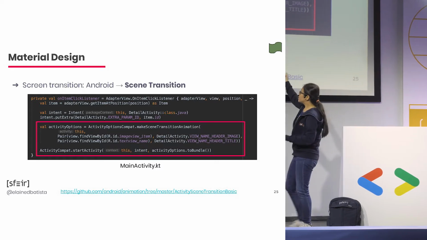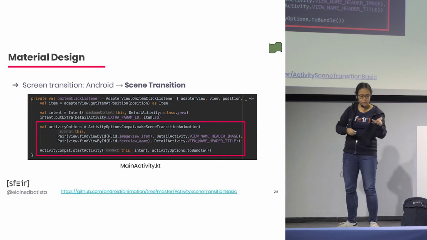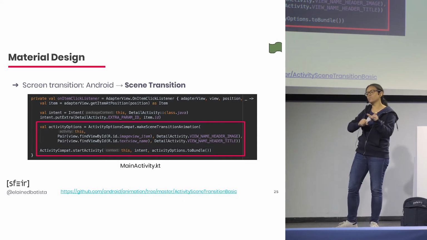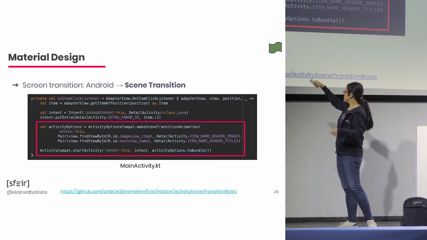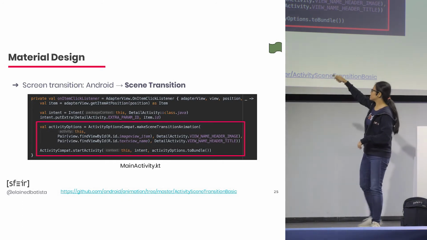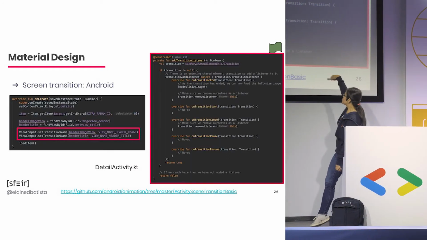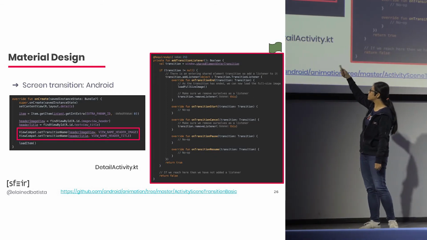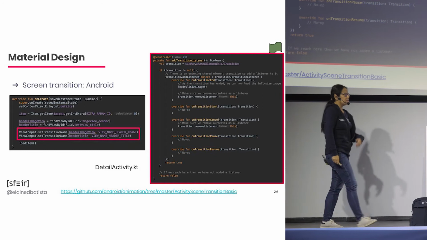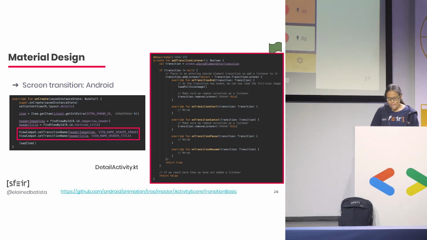So you have to declare your transitions right here, the components where you're coming from, the components where you're going to. This would be your list, and then you start the activity with those options, and then you have to do all this boilerplate code right here, and then on your destination file you have to set those transitions. So yeah, a lot of code only to do that.